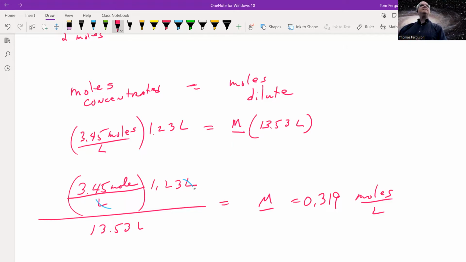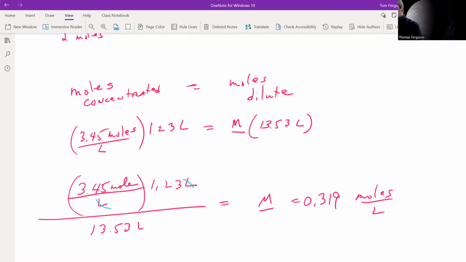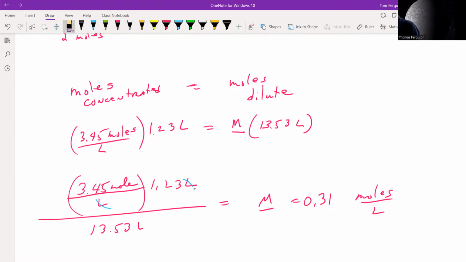You get 0.314. Now, had that been a test, I would have given 9 points, 90% credit for this. And with the wrong answer, you'd have lost 1 point. Okay, because your setup is correct, even though I can't put my numbers in right.